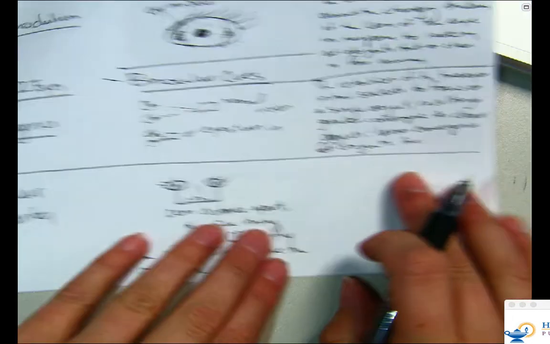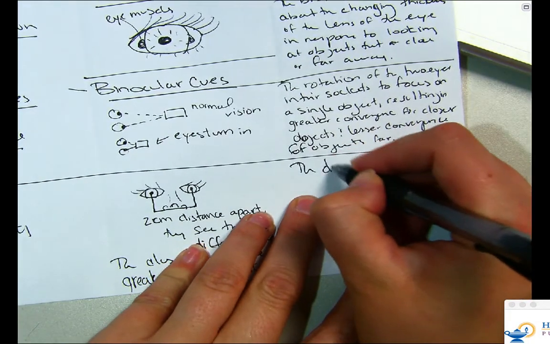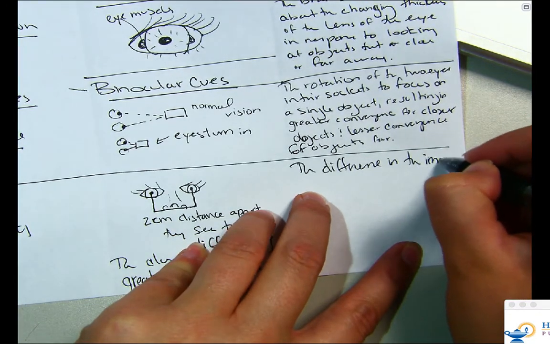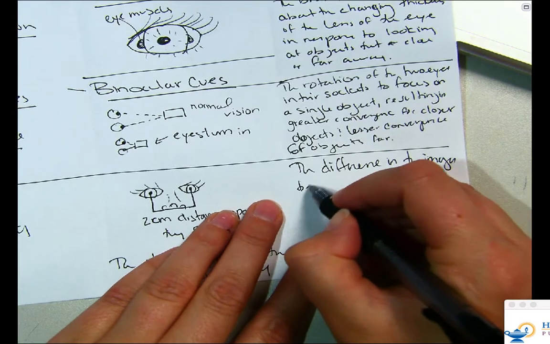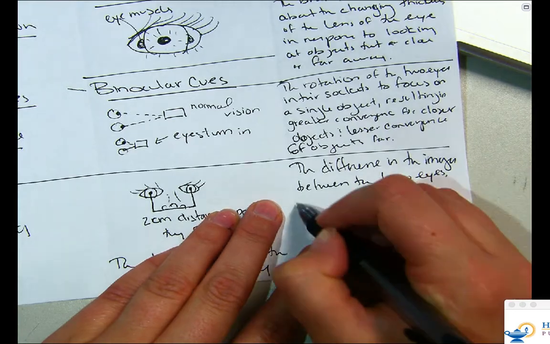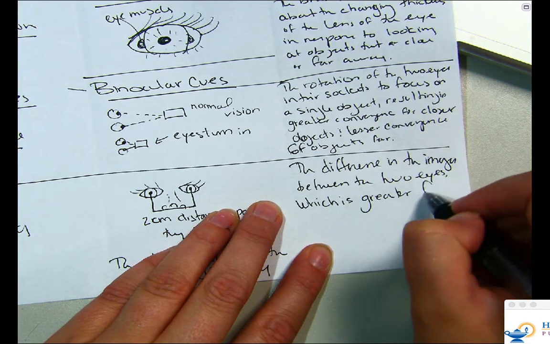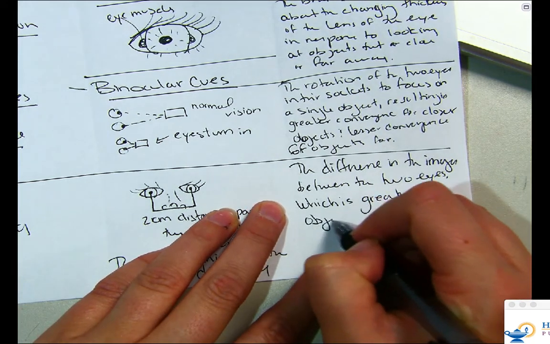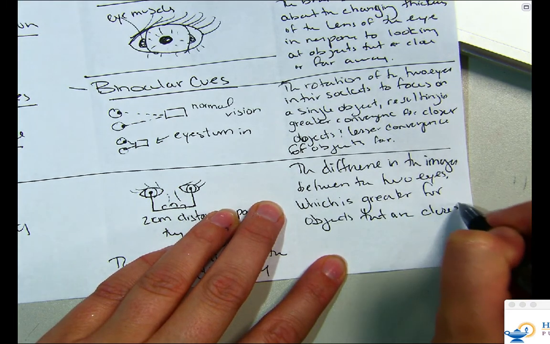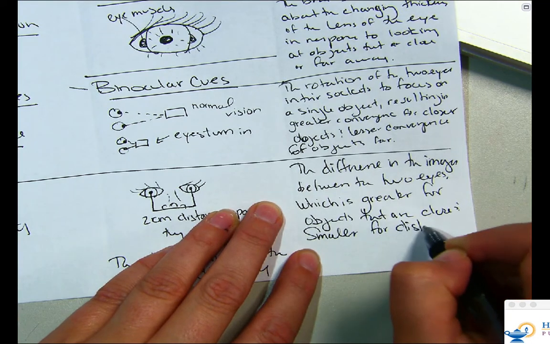So the difference in the images between the two eyes, which is greater for objects that are close and smaller for distant objects.